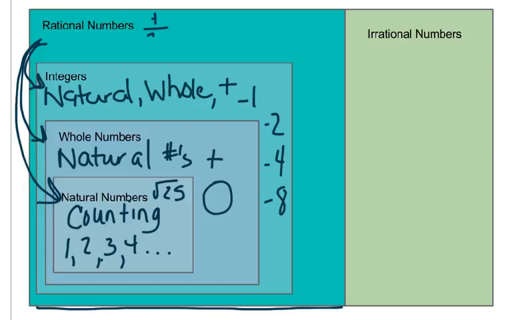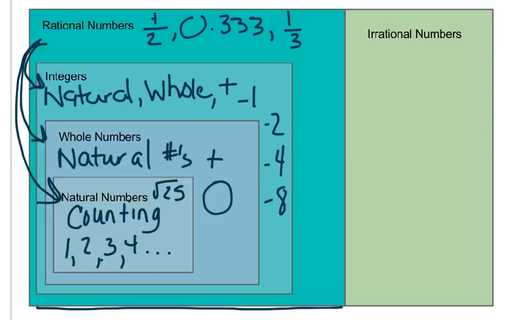So 1/2 is a rational number. 0.333 is a rational number because it's a repeating decimal and can be turned into a fraction. 333 thousandths repeating can also be written as 1/3, which is a rational number. So any number that can be written as a fraction is a rational number, okay? And that's something you're going to have to really work on.